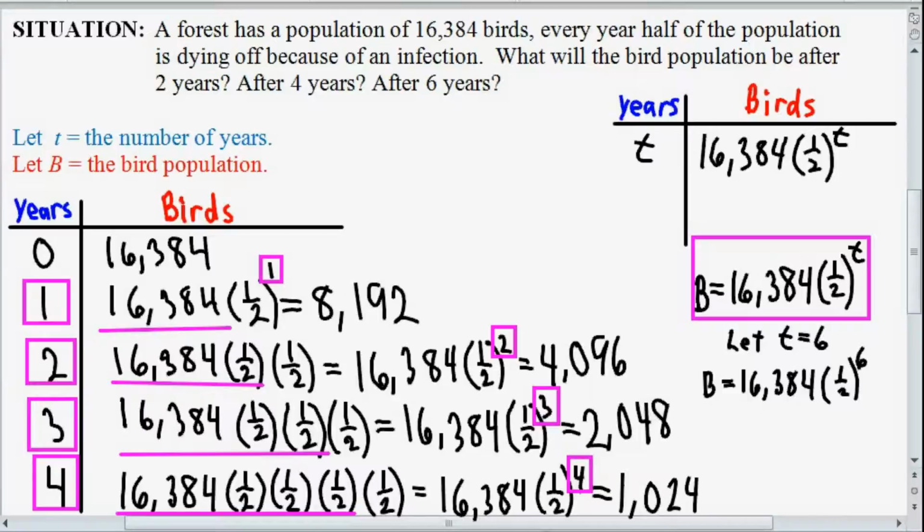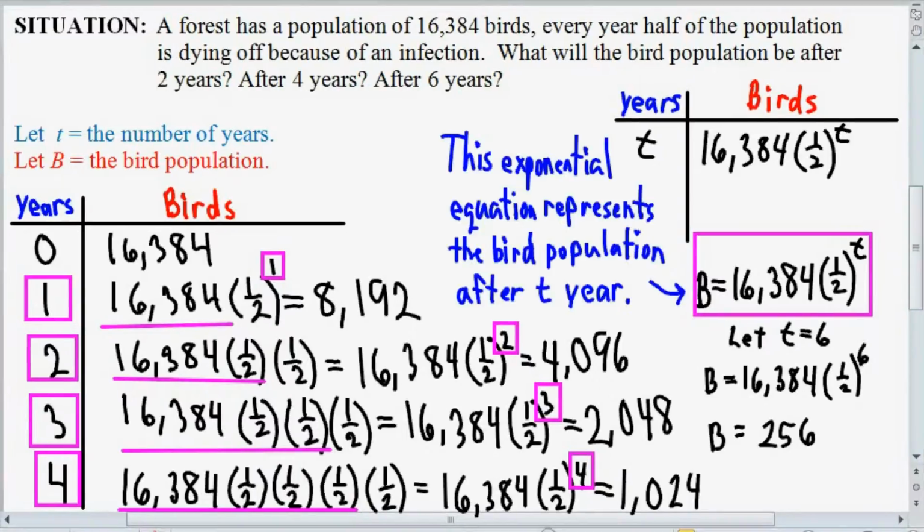As you can see in our equation, we now rewrite it as b equals 16,384 times 1/2 raised to the 6th power, which will give us a bird population of 256. So in the course of 6 years, the bird population went from 16,384 birds to 256.